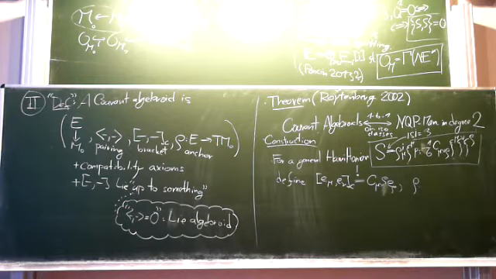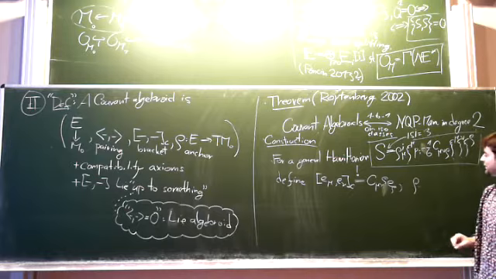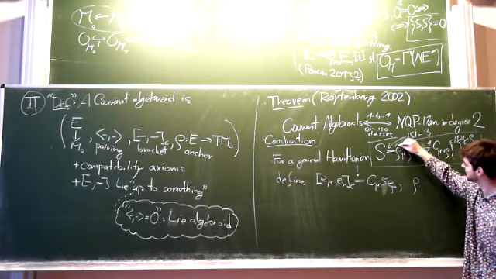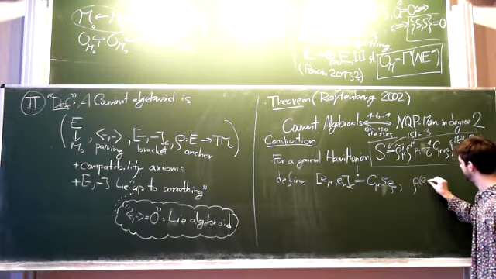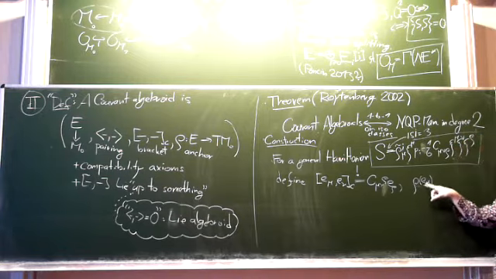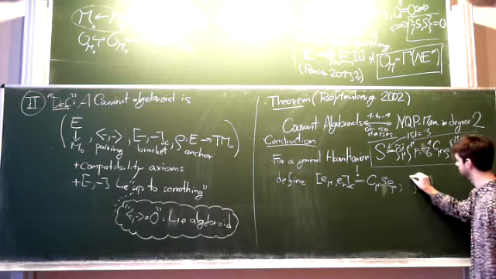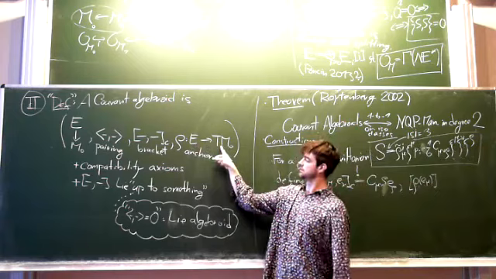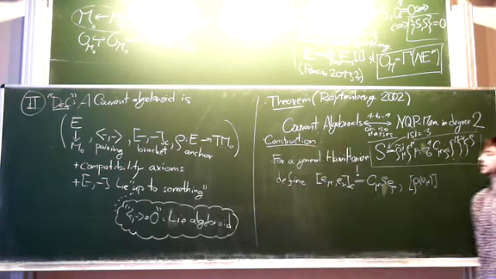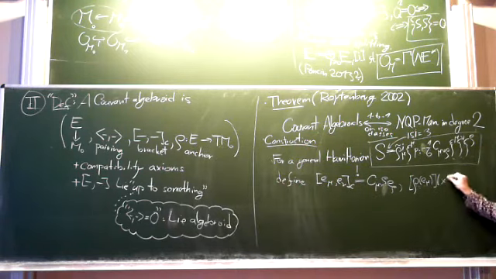I'm using the same letter, so maybe I could use a tilde here. Then the anchor acts on a section of the Courant algebroid, and that's something in the tangent bundle of the base, so it acts on the functions of the base. And we require this to be precisely given by those structure constants.